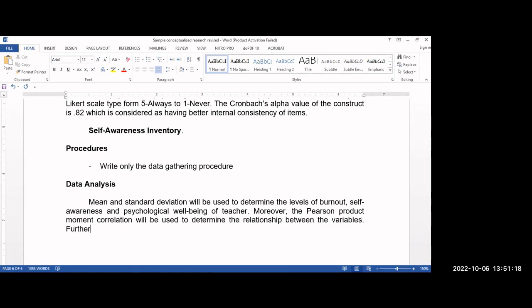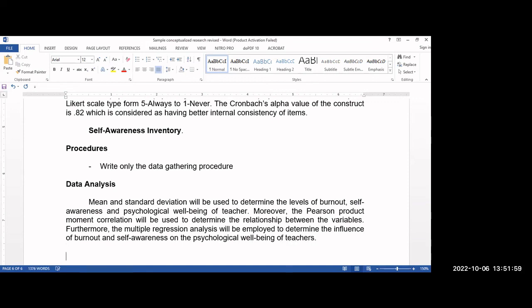Furthermore, the multiple regression analysis will be employed to determine the influence of burnout and self-awareness on the psychological well-being.